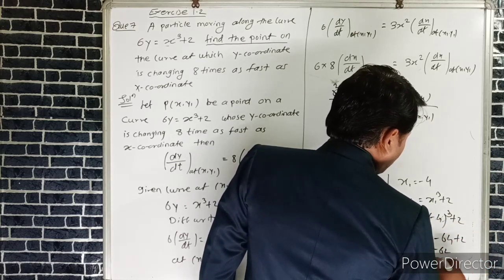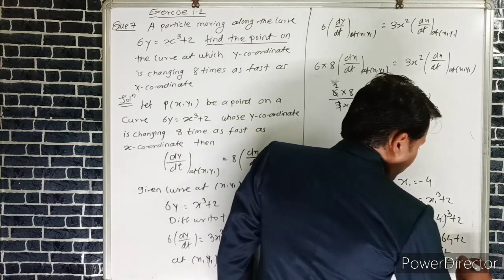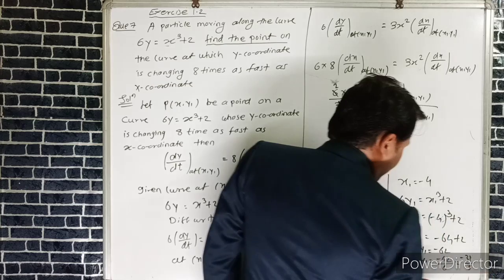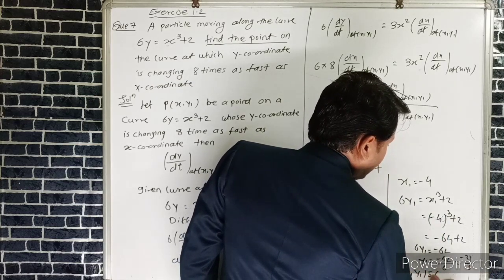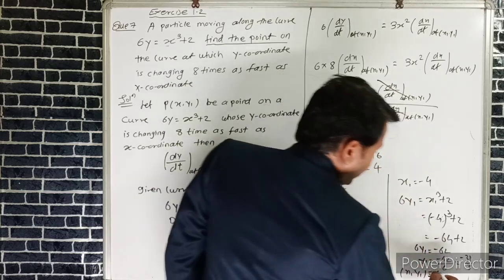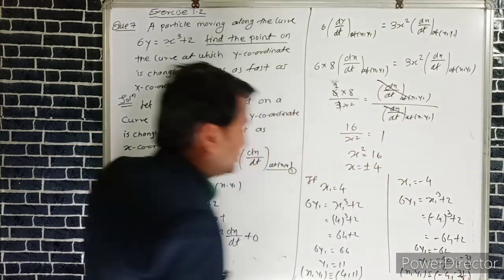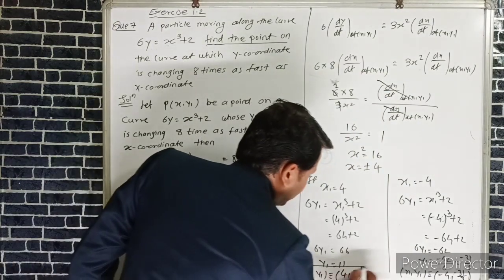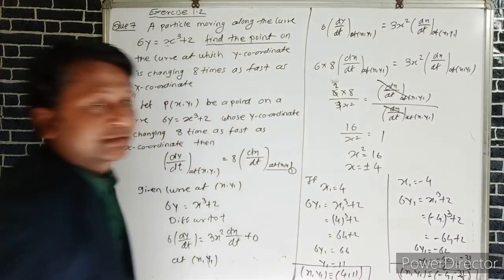Again y1 equals minus 62 upon 6, or we can write minus 31 by 3. Hence we can represent (x1, y1) with x coordinate minus 4 and y coordinate minus 31 by 3, so the required coordinates are (4, 11) and (minus 4, minus 31 by 3).